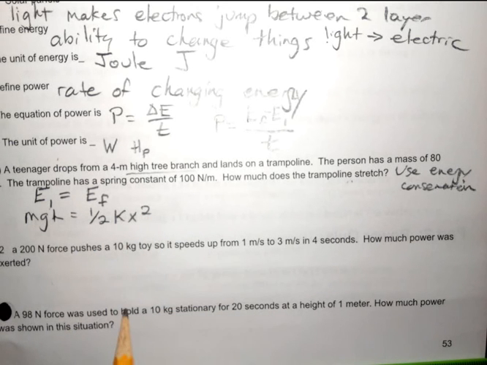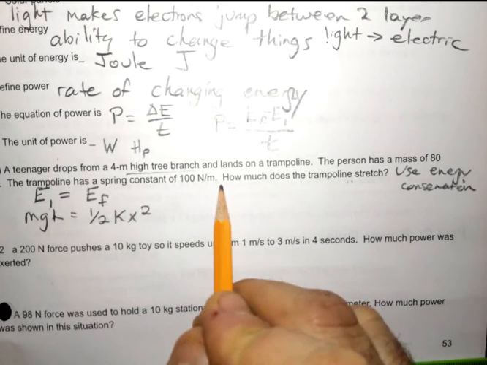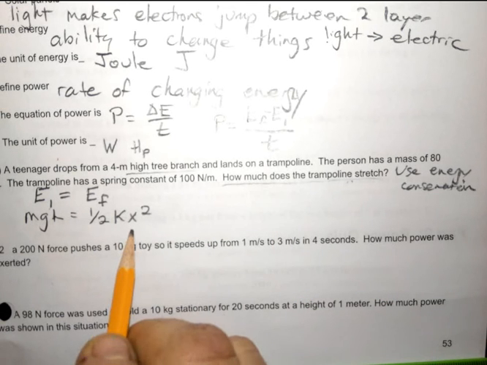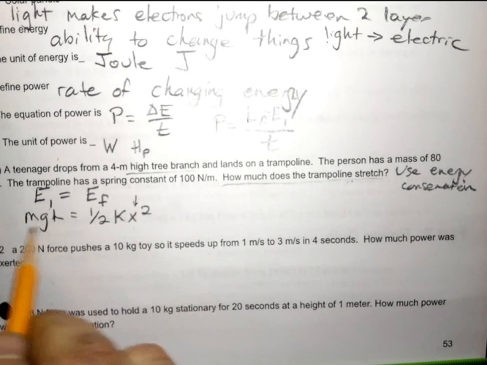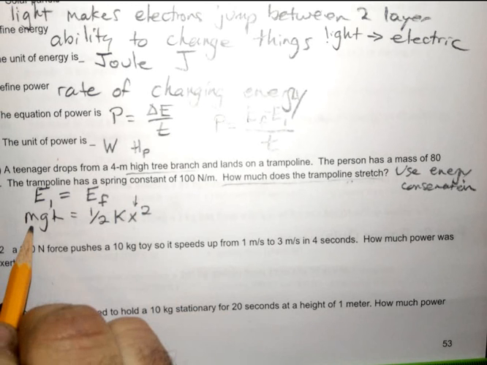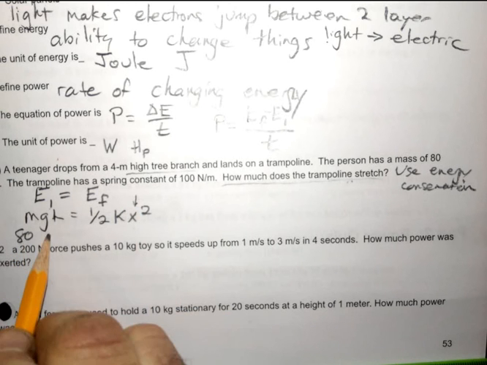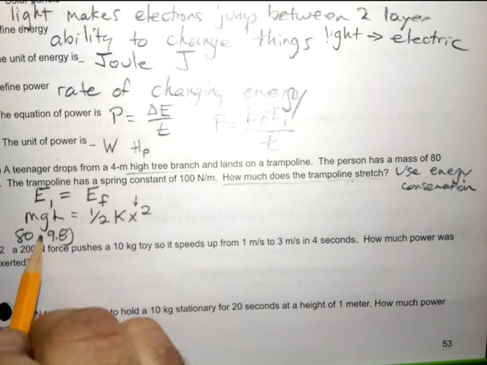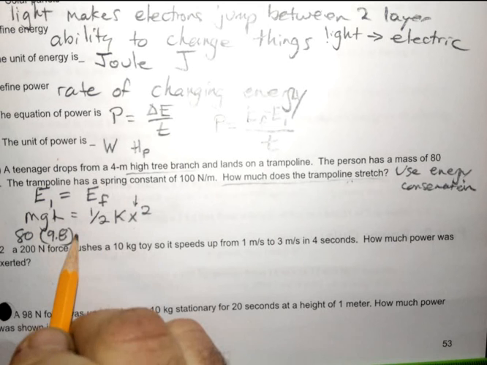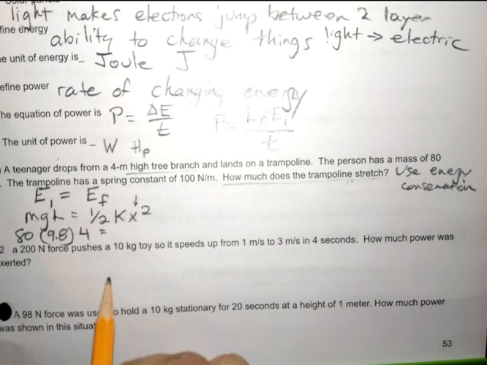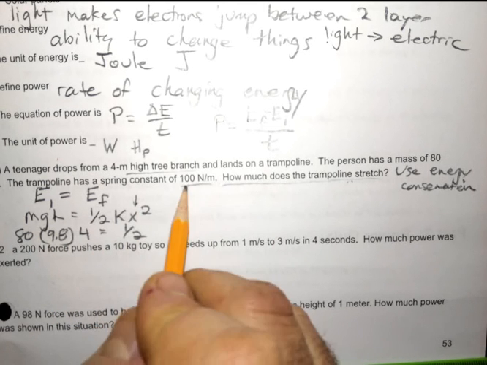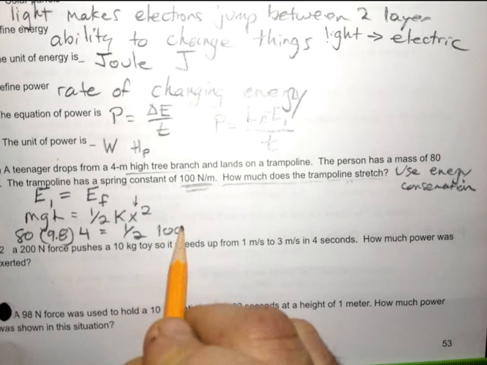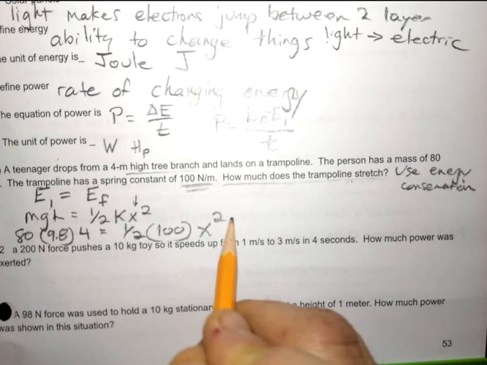So now we put in our numbers and we try to find out how much it stretches, which is going to be the x value right there. We put in numbers for everything else. The mass is 80, 9.8 for gravity, and the height was originally 4. On the right hand side, half the k is 100, and we're looking for the x.